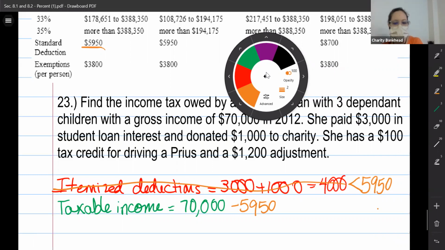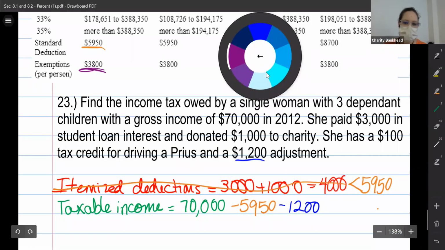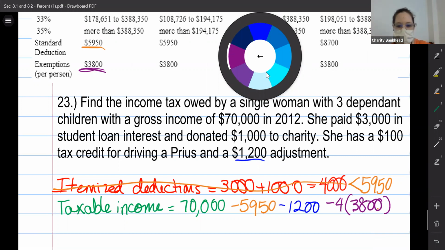We're also going to subtract the adjustment, which is $1,200. And we're going to subtract exemptions. You have one exemption per person in the household. So there's herself and her 3 kids, so she gets 4 of those exemptions. So 4 times 3,800.